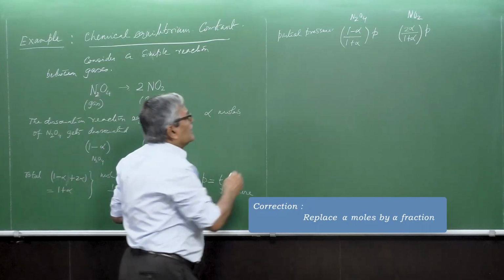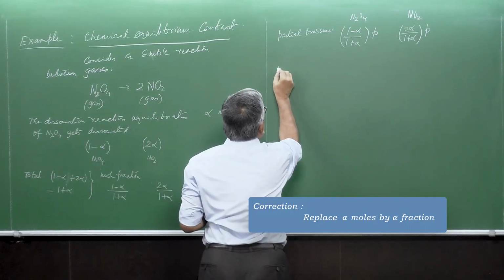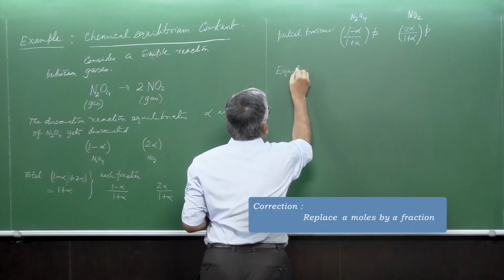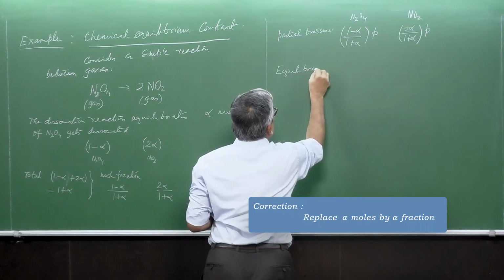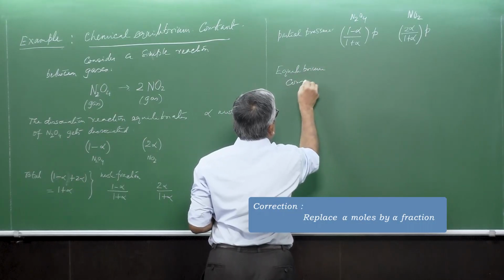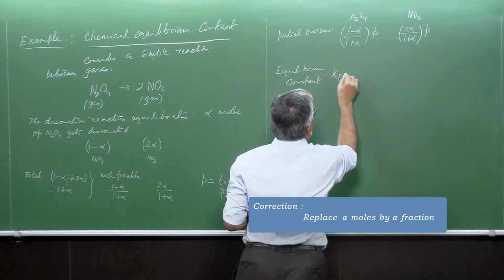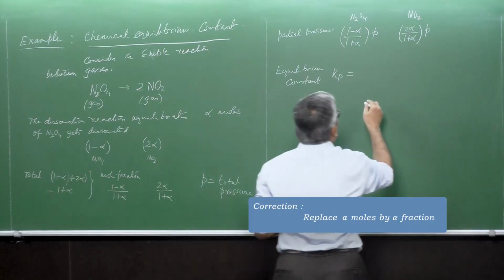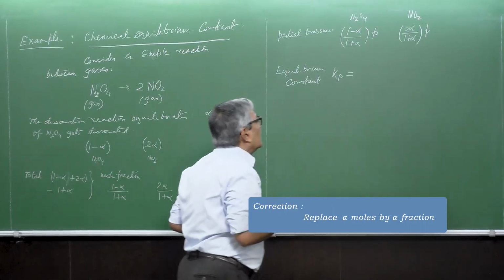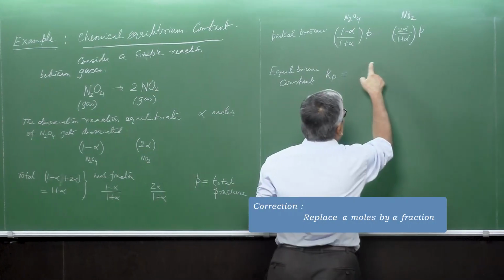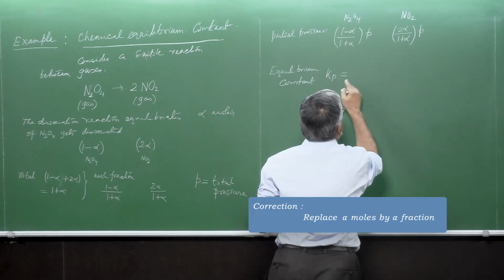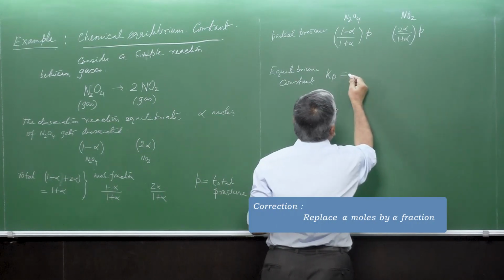Now we know the equilibrium constant Kp. We know it is the partial pressure of the products raised to their stoichiometric coefficients.